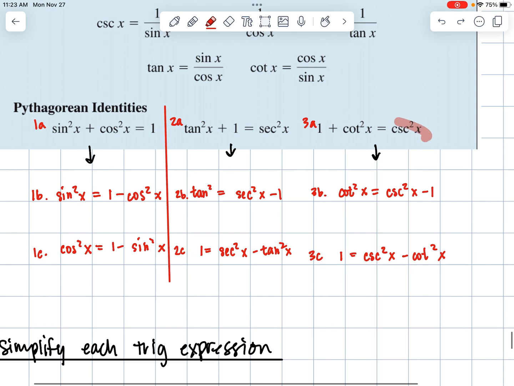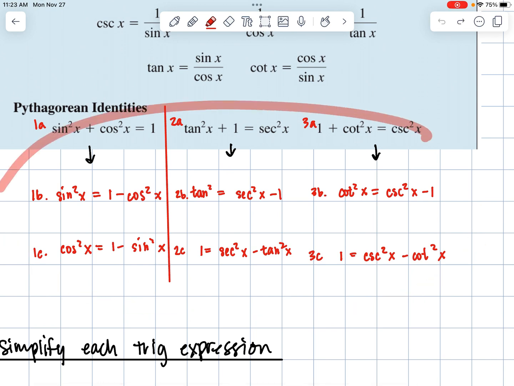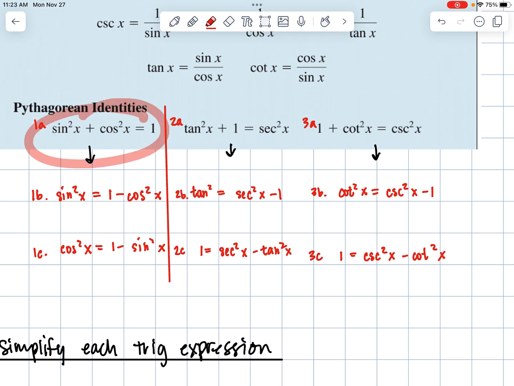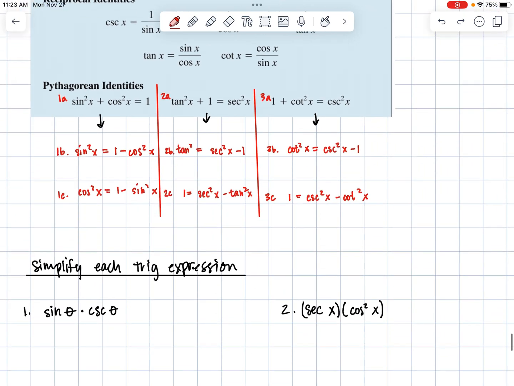You need to be able to look at something and say, okay, I have a cosine squared, I have a sine squared, I could use some iteration of this row of equations, or a column, okay? Same thing happens if I have a secant squared and a tangent squared. I should be able to use some iteration of the column 2. And last but not least, if we have cotangent and cosecant, we should be able to use an equation from column 3. So let's get some practice in.